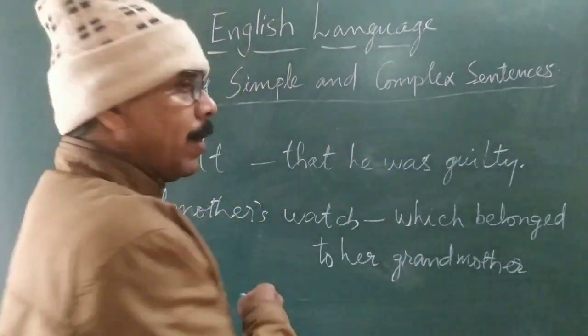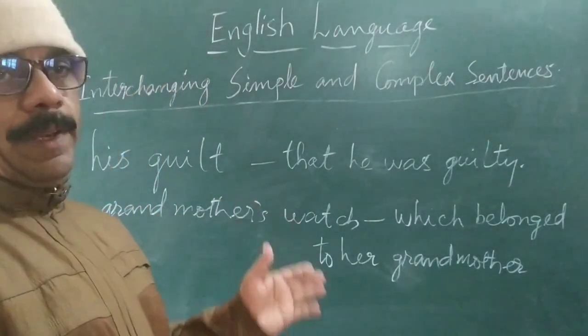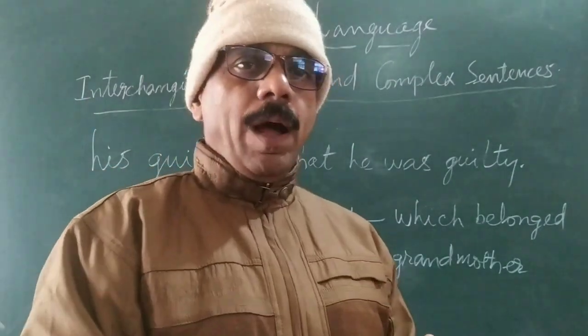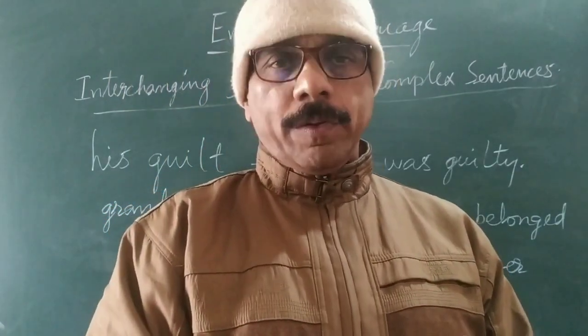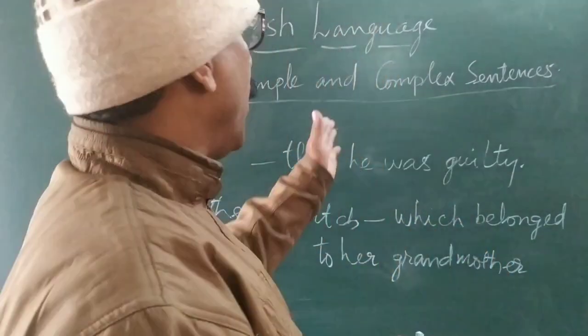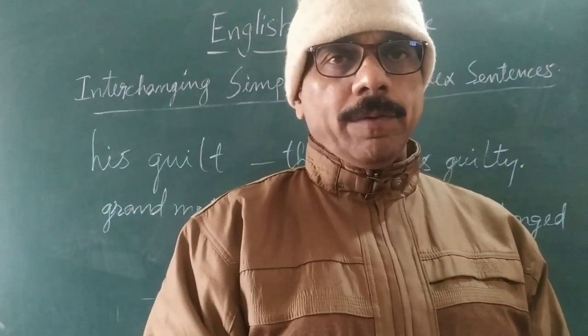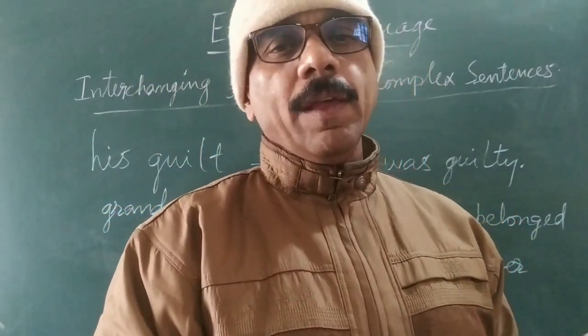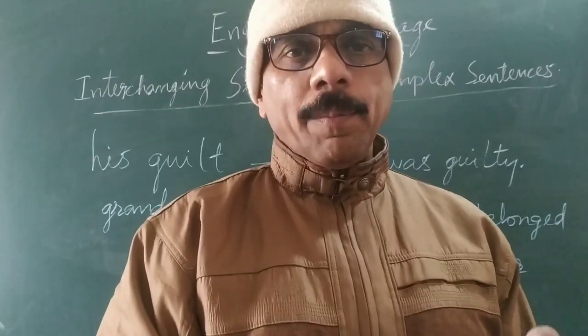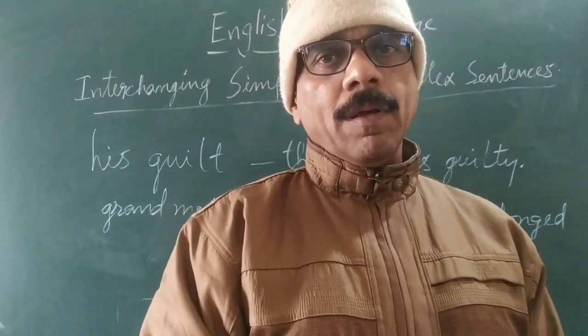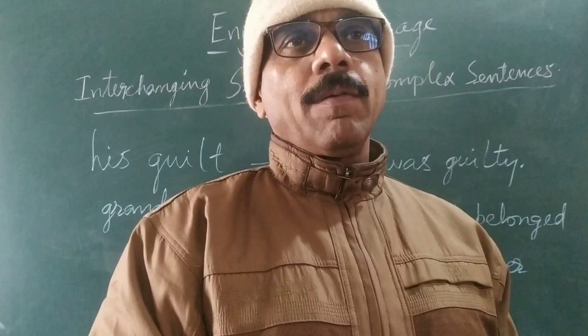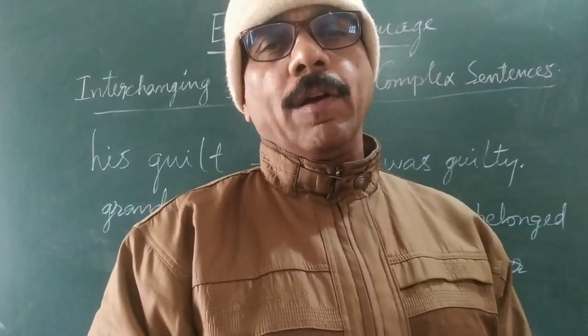So now, what we are doing is we are expanding. In a simple sentence, you have only one main clause. We are transforming it into a complex sentence. And what is a complex sentence? You know it. A complex sentence is a sentence having one independent clause and one or more dependent clauses.